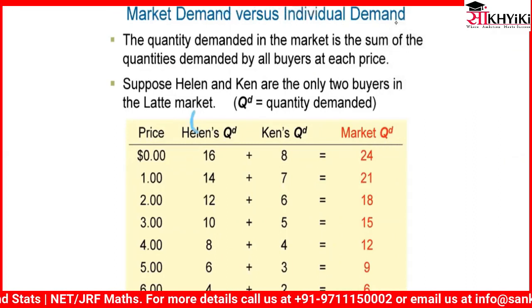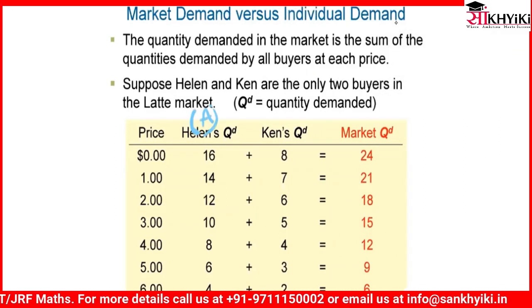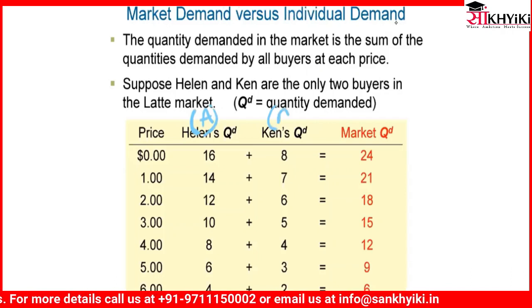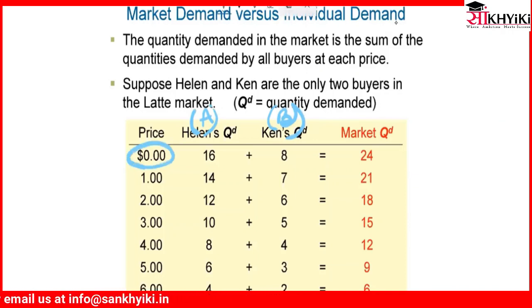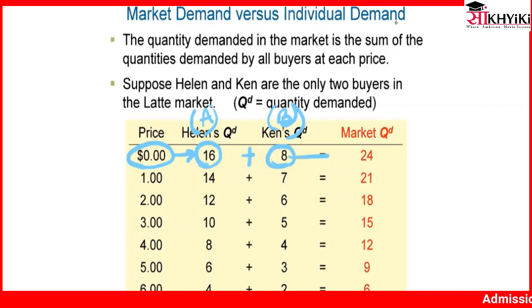Individual A and individual B, or Helen and Ken. Let's say that the price is 0, and at price 0, the quantity demanded by Helen is 16 and the quantity demanded by Ken is 8. So the total quantity demanded is 24.